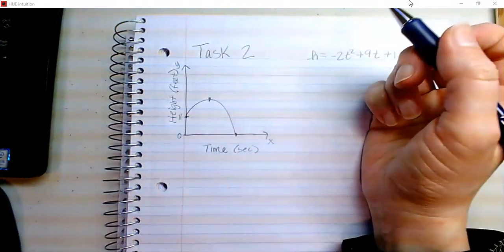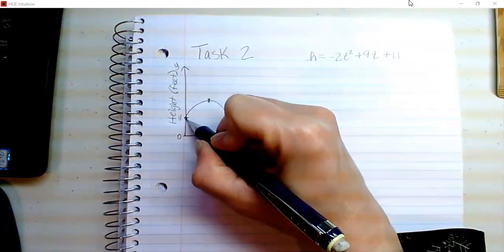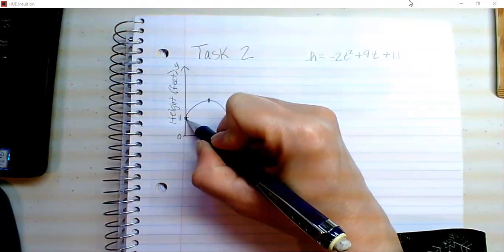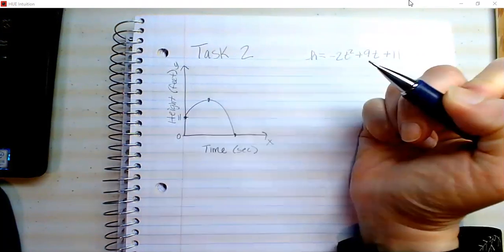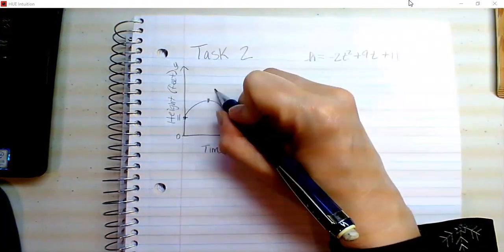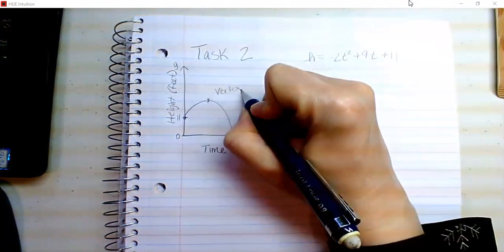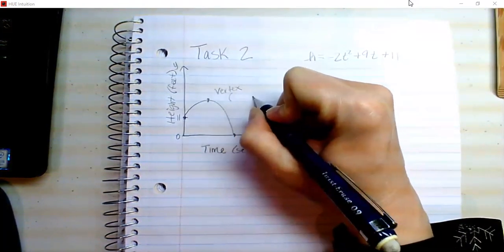So again, 3 points that we're really interested in, right? This one right here is called the y-intercept, his initial height, okay? Right here is our max point, which is called our vertex. And our vertex has an x and a y.